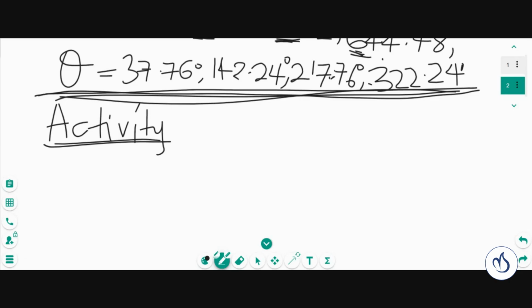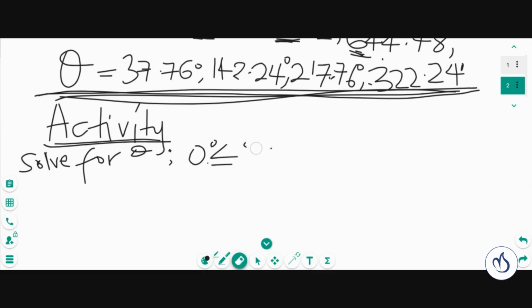And this activity is the first question. I'm giving one general instruction: solve for theta, where 0 is less than or equal to theta, which is less than or equal to 360 degrees.